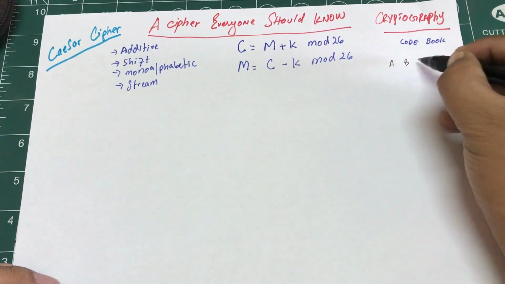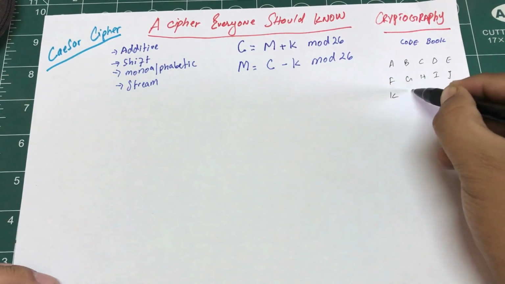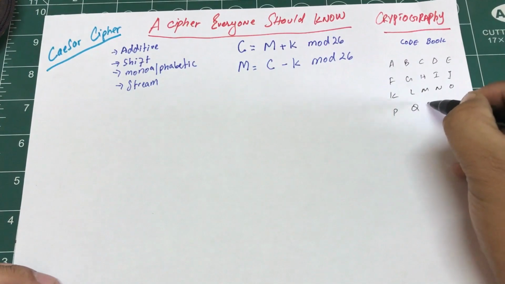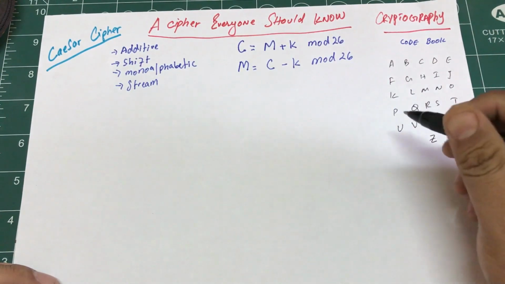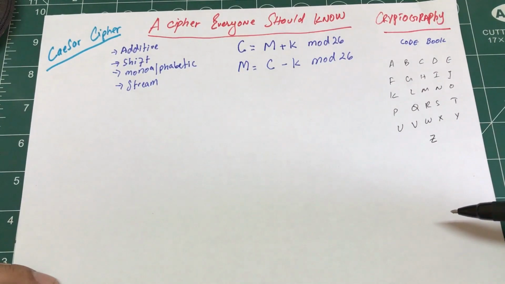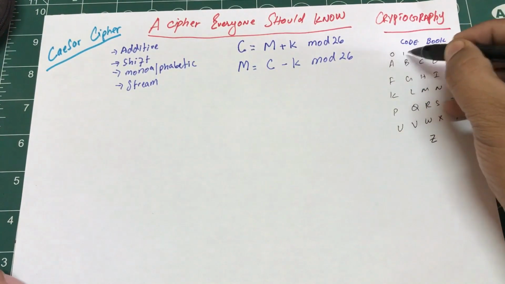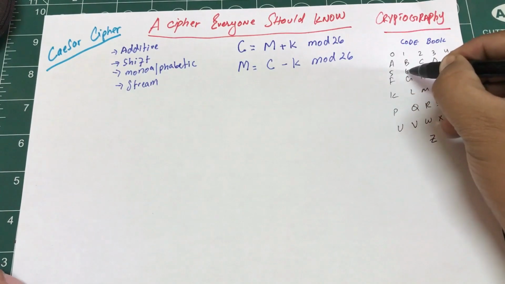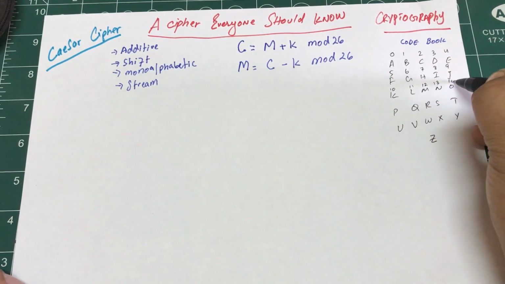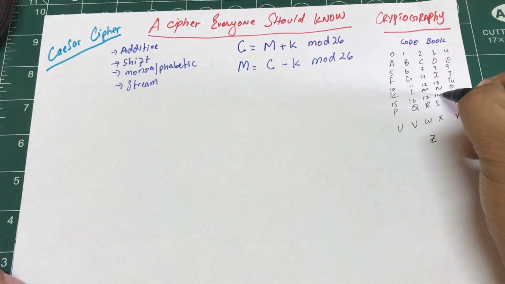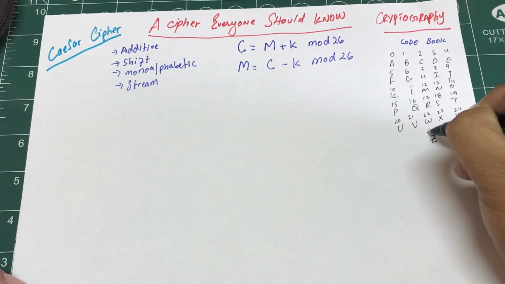So let's say I have A, B, C, D, E, F, G, H, I, J, K, L, M, N, O, P, Q, R, S, T, U, V, W, X, Y, and Z. Let's assign a value to each, starting from 0 for A, then 1, 2, 3, 4, 5, 6, 7, 8, 9, 10, 11, 12, 13, 14, 15, 16, 17, 18, 19, 20, 21, 22, 23, 24, and 25.